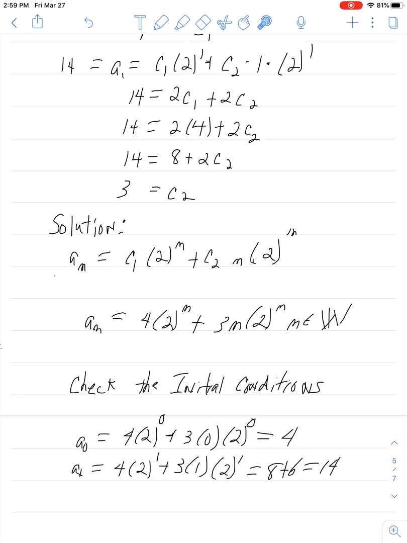I get, sure enough, a0 is 4. I plug in n equals 1 into this equation, and I get a1 is 4 times 2 to the 1 plus 3 times 2 to the 1, which cleans up to be 8 plus 6. Lo and behold, is 14. So at least my answer given here works for my initial conditions, and again, I claim it works for every term in the sequence.